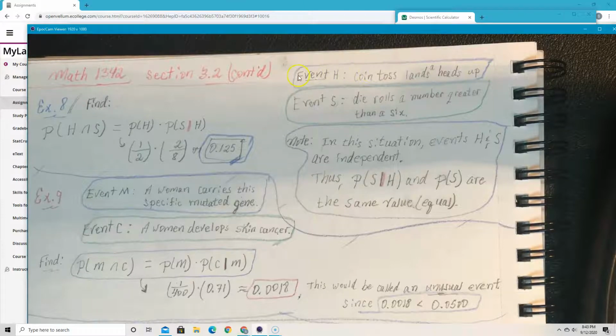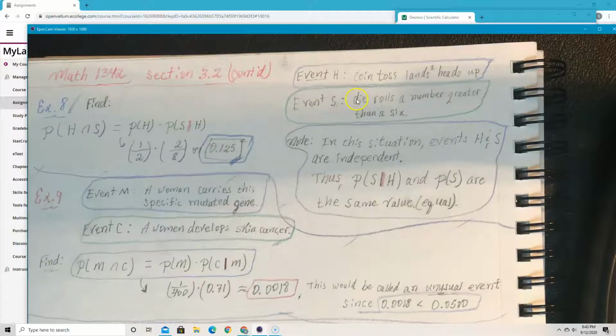I'm just making up the name. I'll just call it capital H for symbolizing heads up. You could call this event P or event Q or event X or event A, whatever.